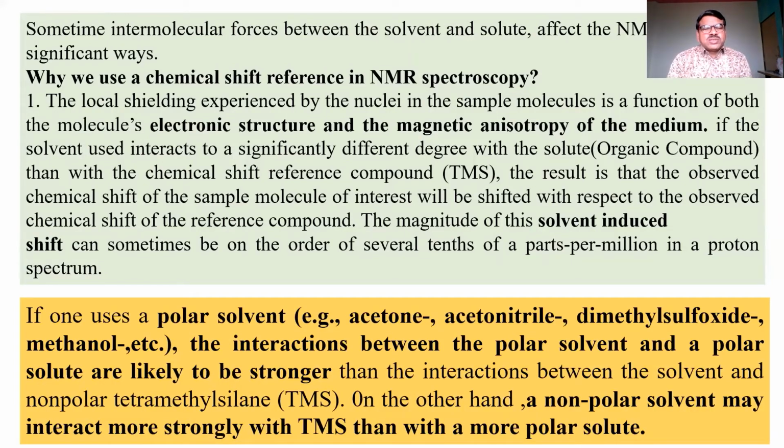If one uses a polar solvent, you know that there are different kinds of solvent. One is called a polar solvent and another is called a non-polar solvent. So what do we mean by polar solvent? Those solvents which have charge separation, you can have a positive charge and a negative charge. For example, acetone, another example acetonitrile, or dimethyl sulfoxide or methanol, etc., act as organic polar solvents.